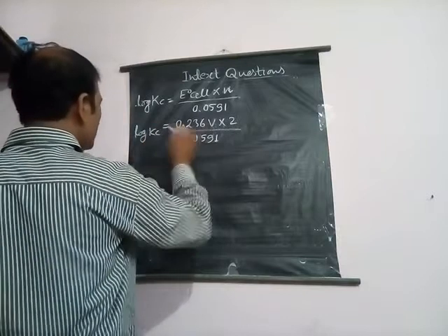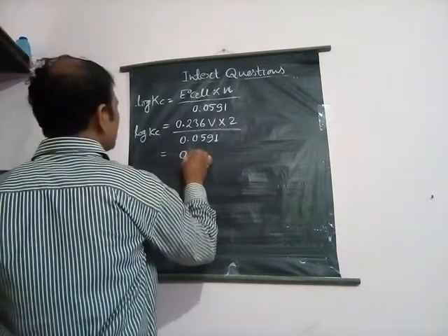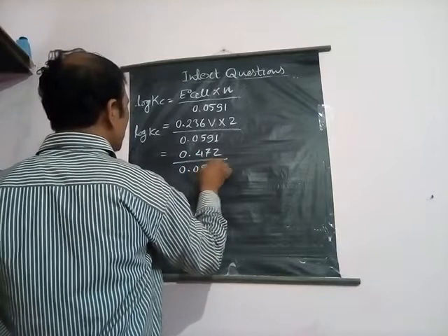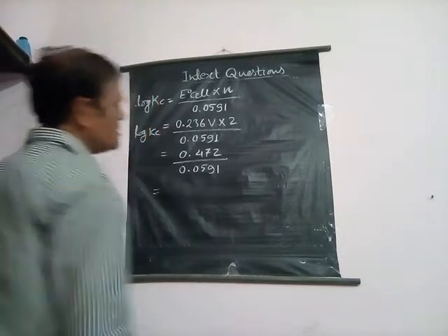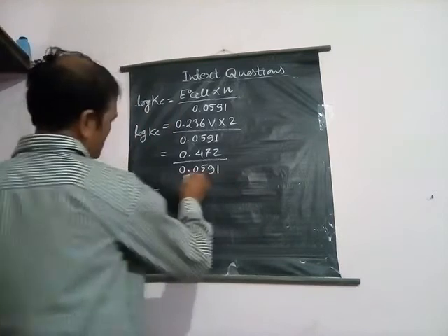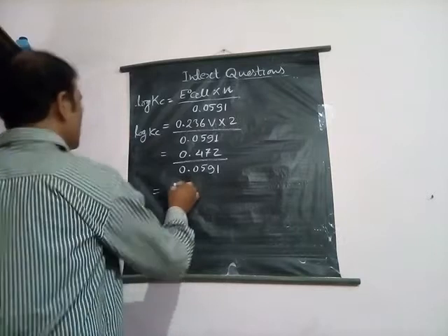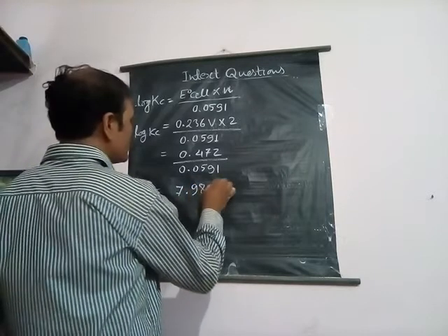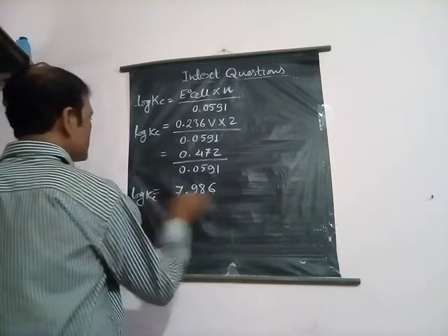On multiplying, you get 0.472 divided by 0.0591, and after calculation you will get 7.986. So log Kc is equal to this value.